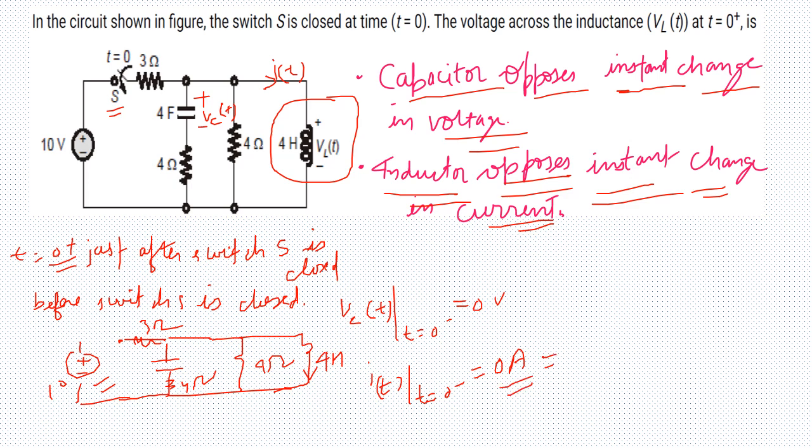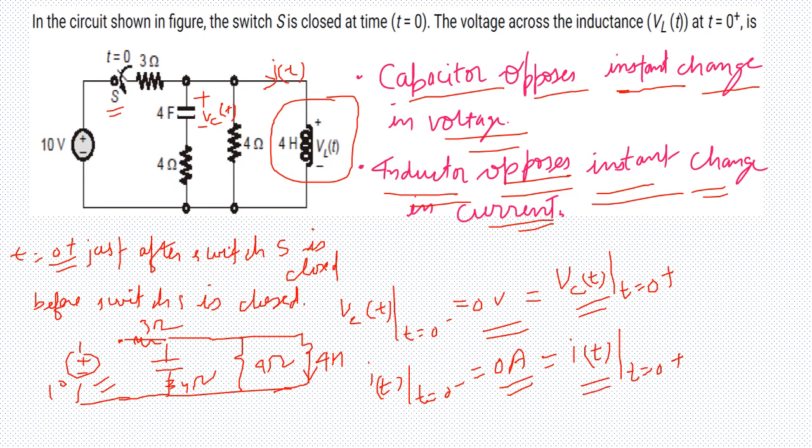So this current is equal to I of t at t equal to 0 plus. Similarly, the voltage also should not change as soon as the switch is closed, so Vc of t at t equal to 0 plus. So these two voltages and current we know now, and we know that as soon as the switch is closed, the voltage across the capacitor and the current across the inductor are not going to change.